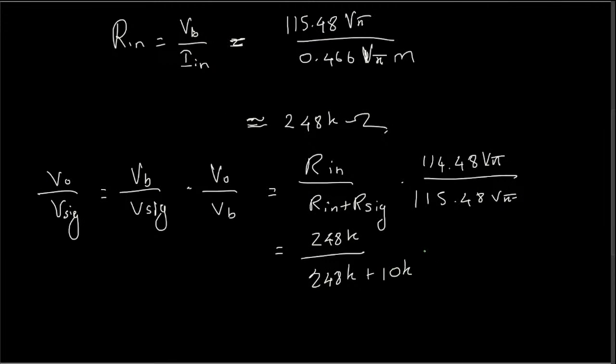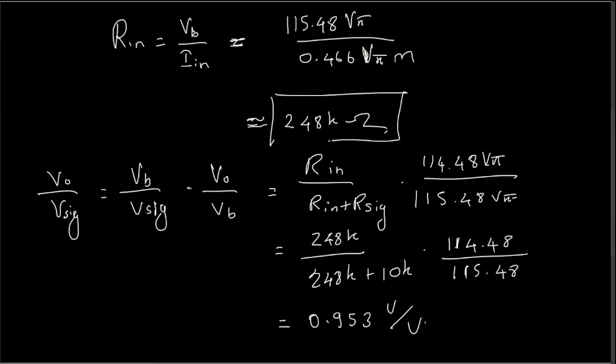So 114.48, and we can cancel the V5 and simply write 115.48. You calculate this, you will end up getting the gain to be 0.953 volt per volt. So they asked us to find the input resistance and VO over vsig, that's the gain. We found both of them, but we are not done yet.